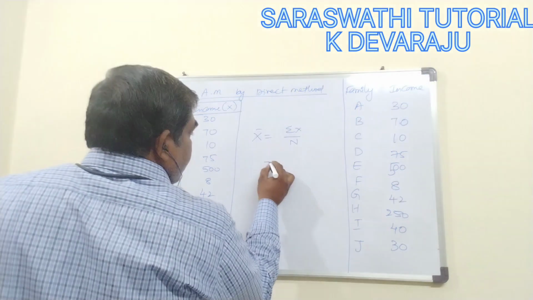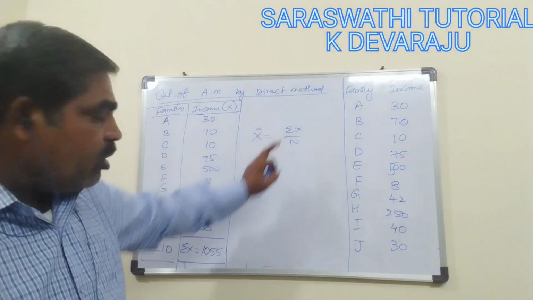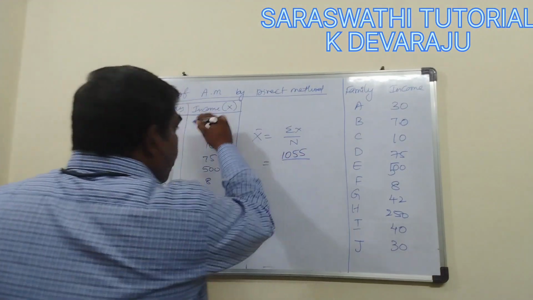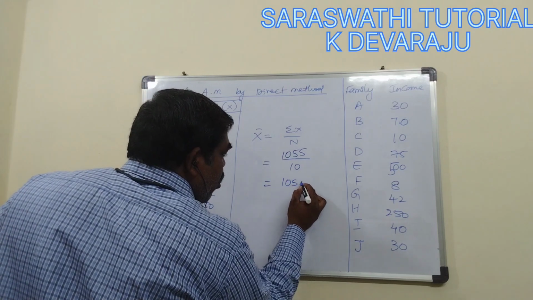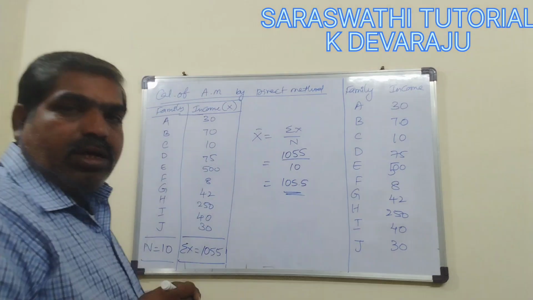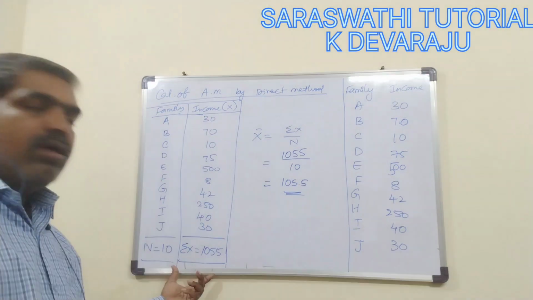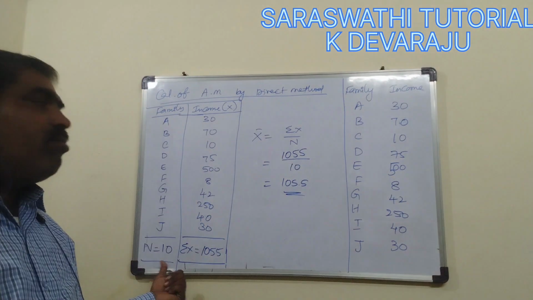Then x bar equals summation x by n. The summation x we already calculated is 1055, by the number of observations, 10. Dividing this, we get 105.5. So whatever the 10 families' incomes are given, we added all of them and divided by the total 10 families.